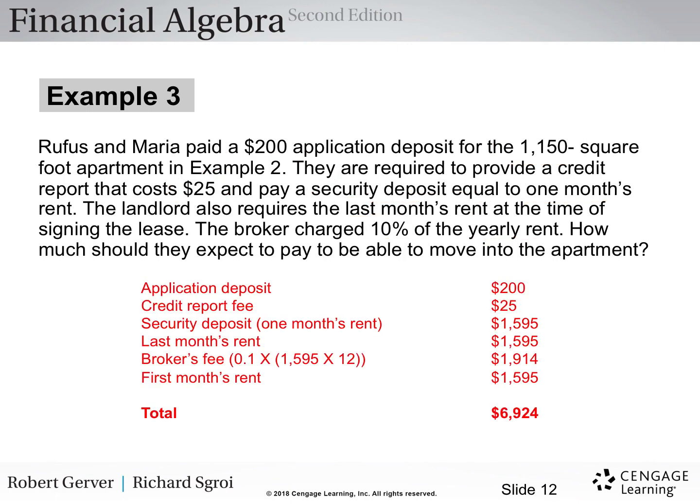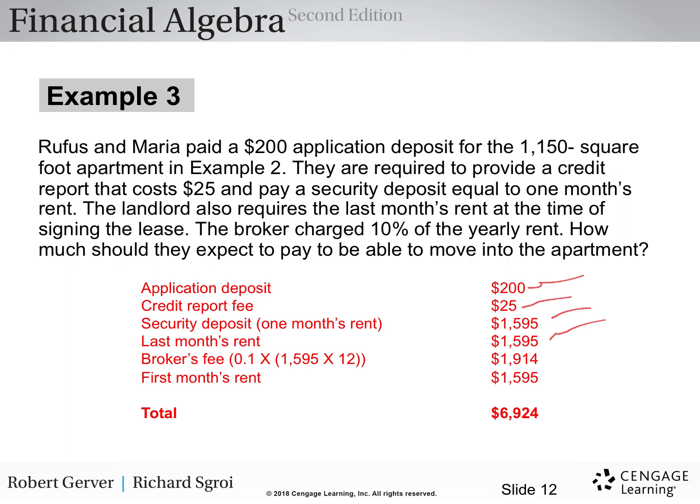So I've taken each of these expenses and added them up. I've got my application deposit of $200. I've got the credit report fee of $25. I've got the security deposit, which is 1 month's rent. I've got last month's rent. I've got the broker's fee. Now remember, the broker's fee is based upon a year's rent.